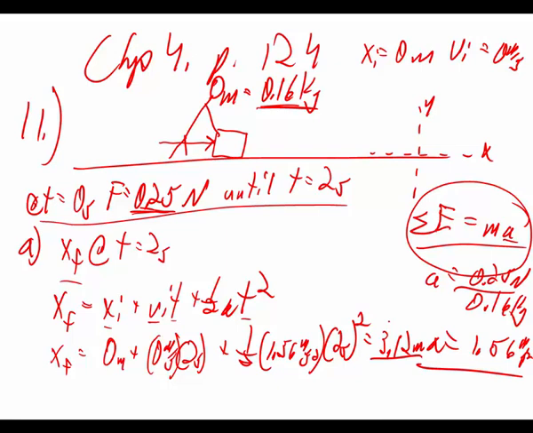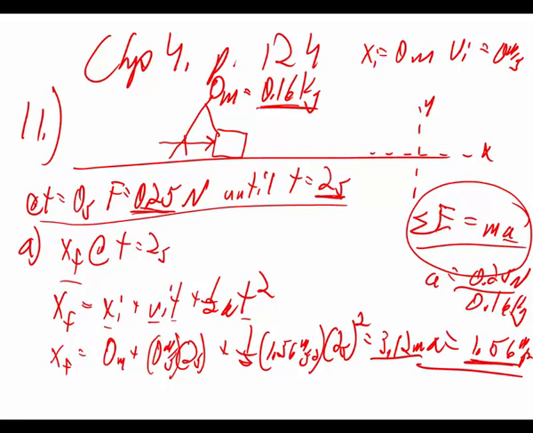Now what's the rest of the question asking? What are the position and speed? So we've got to find the speed now, don't we? We know the acceleration, here it is right there. We know our time right there. So what equation?